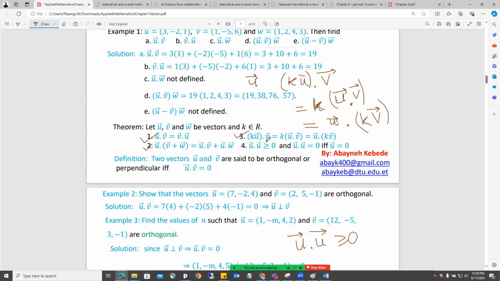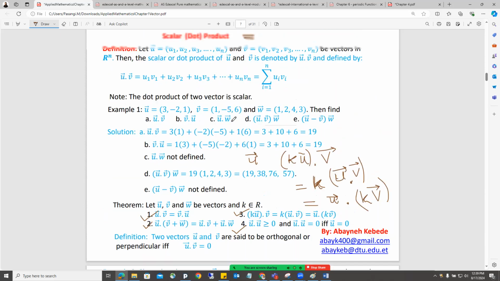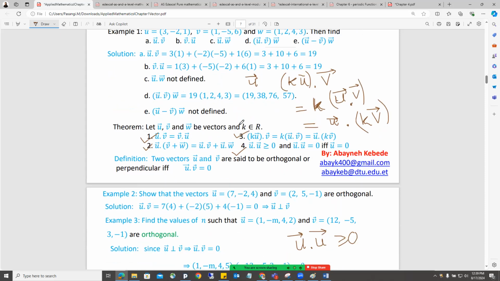So u dot u is greater than or equal to 0, and u dot u is equal to 0 if and only if the vector u is equal to 0. Those are the only four properties we have for the dot products of these vectors.